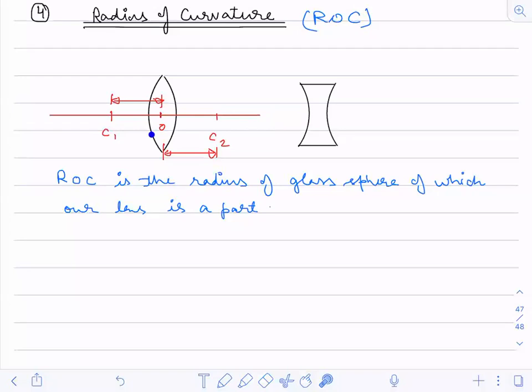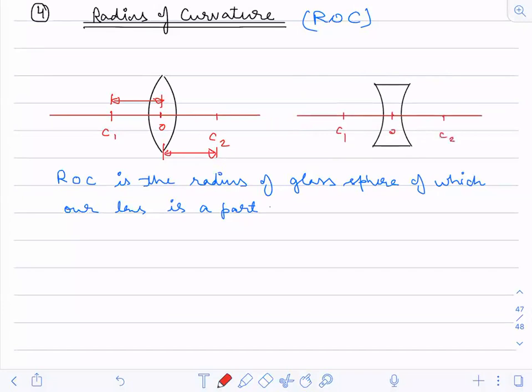Radius of curvature is the radius of the glass sphere of which our lens is a part. So I'm drawing it for the concave lens also. This is the optical center. This is center of curvature 1.